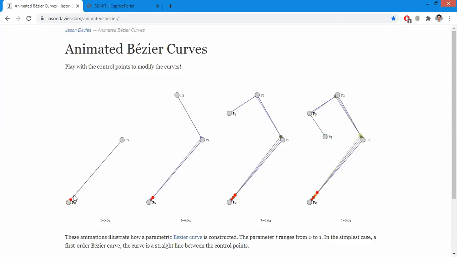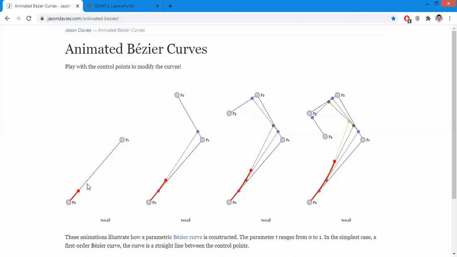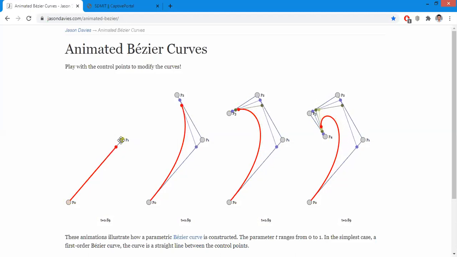P naught is one control point, P1 is one control point, and this is how the curve is drawn. This is a straight line or a linear curve, where the curve is drawn from 0 to 1. Let's consider the initial point as 0 and this point as 1.